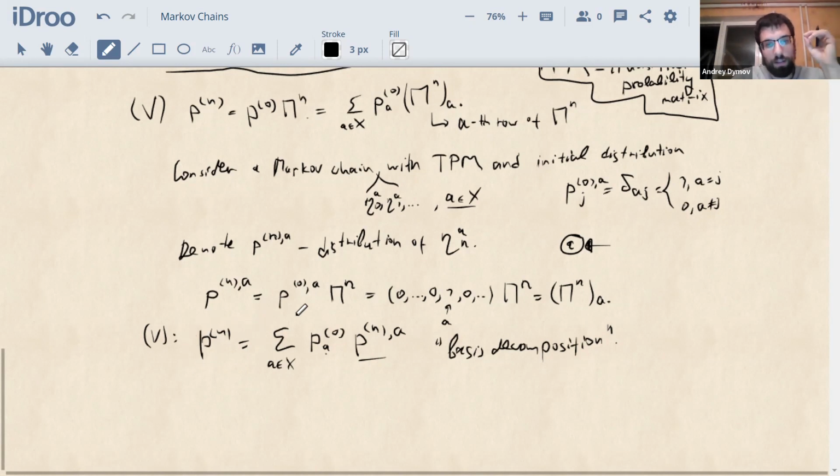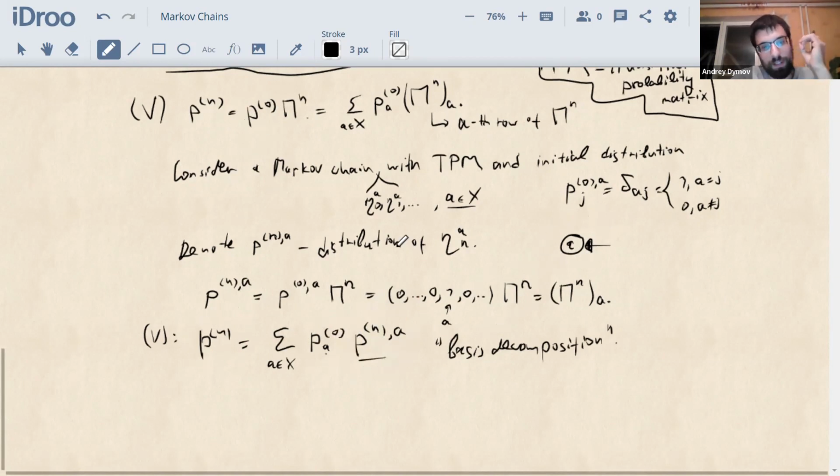I can consider for each state its own Markov chain, which starts with probability 1 from this state, study its dynamics, obtain its distribution at the moment of time n, and then the dynamics of my initial Markov chain with the initial distribution pi 0 will be obtained as a linear combination of distributions of these Markov chains with fixed initial conditions.